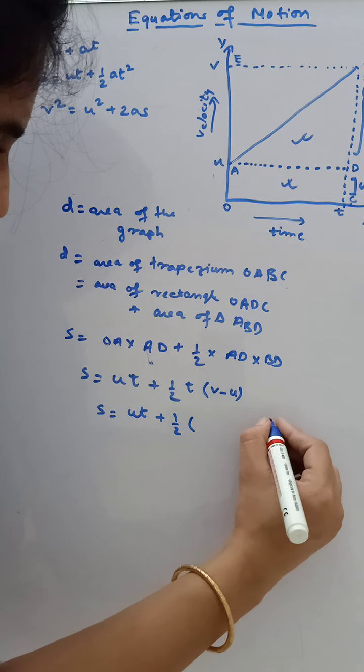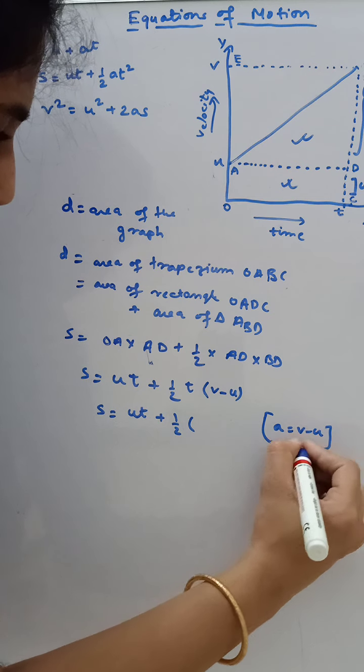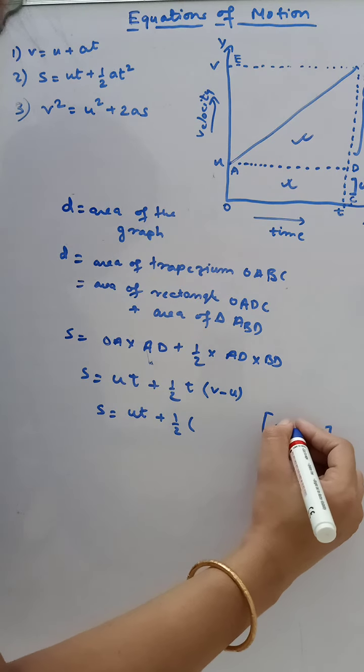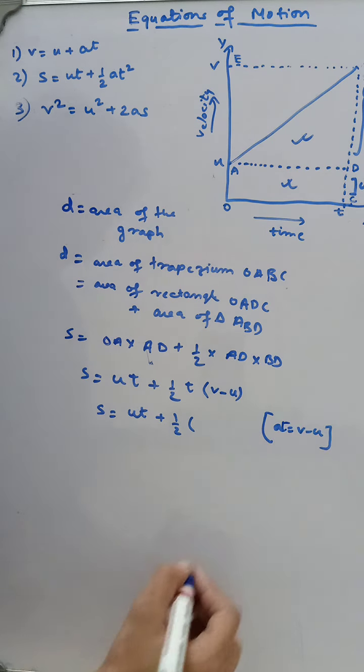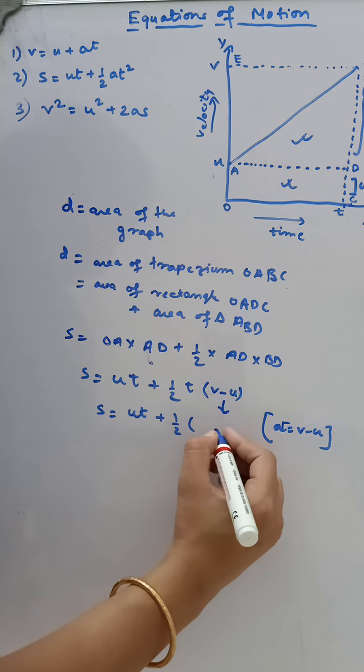Now we know that a = (v - u)/t, so at is equal to v minus u.